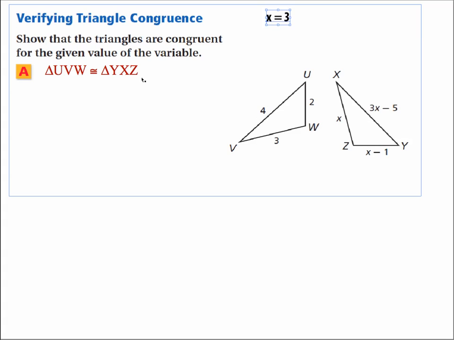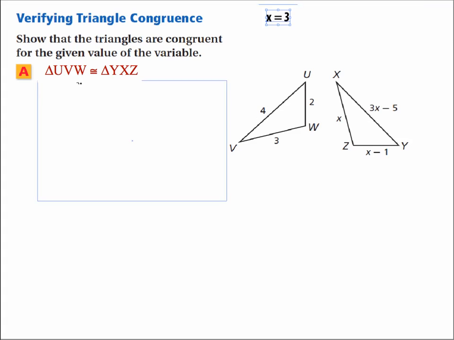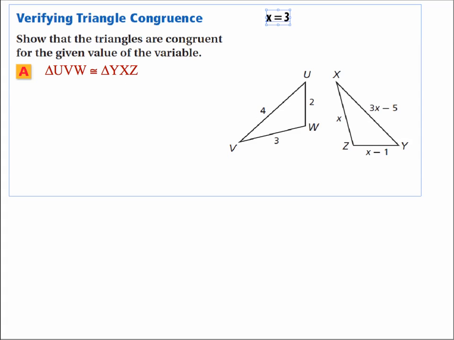What we do is we follow the letters. U corresponds to Y, V corresponds to X, W corresponds to Z. So segment UV, which is right here, corresponds to segment YX, which is right here. And that means that the value of 4 needs to equal 3x minus 5.